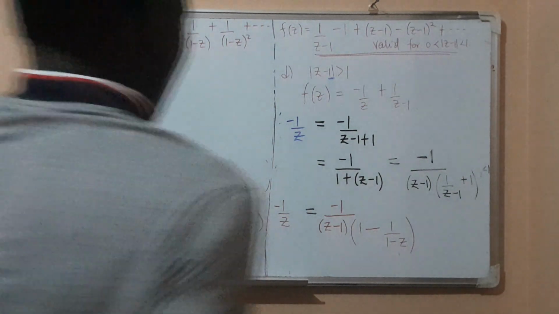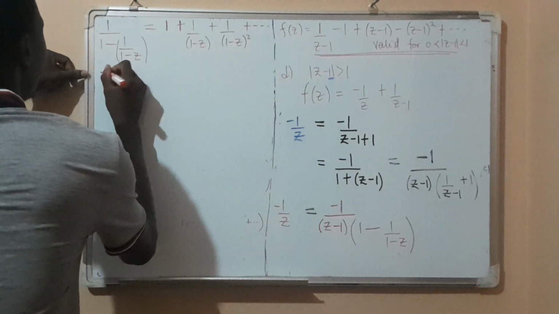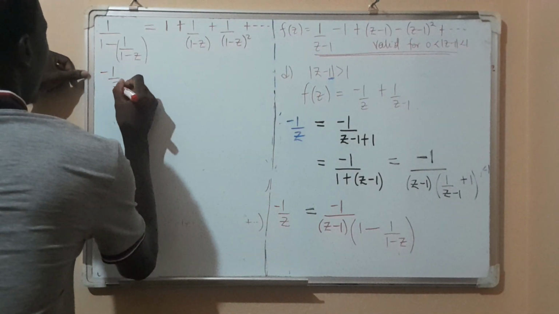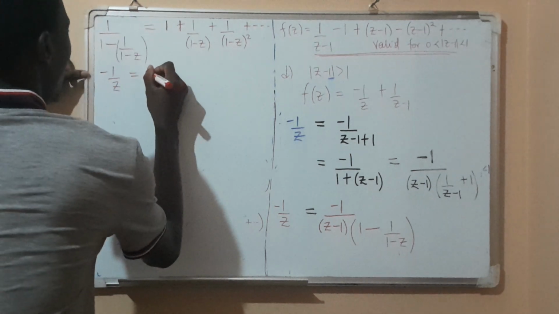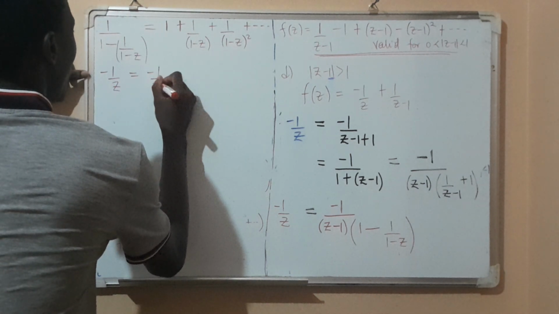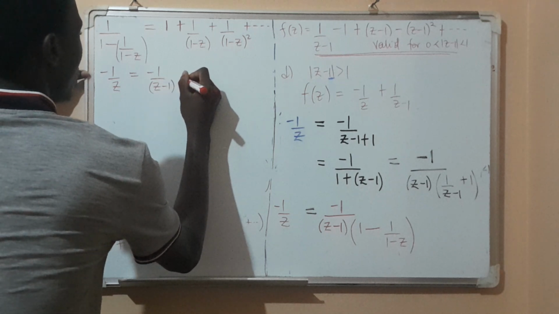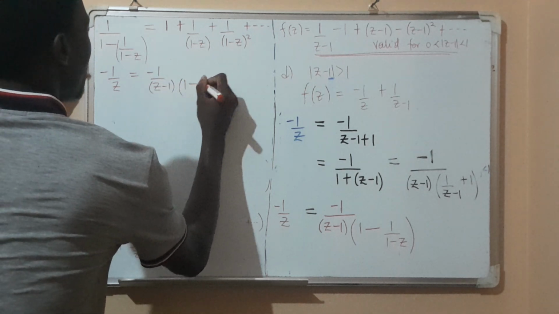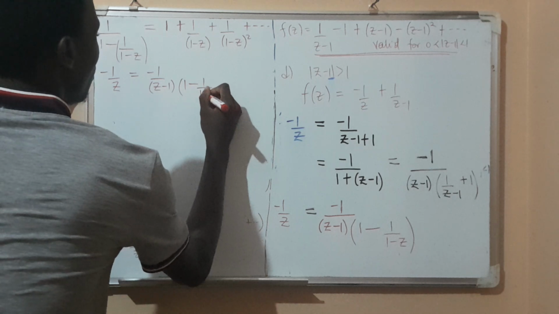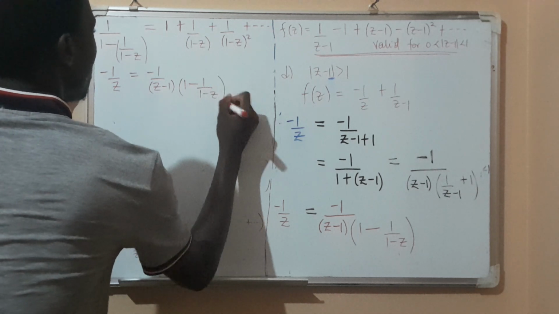Now I have this, I can substitute it back here. So negative 1 over z, which is negative 1 over z minus 1, multiplied with 1 minus 1 over 1 minus z.